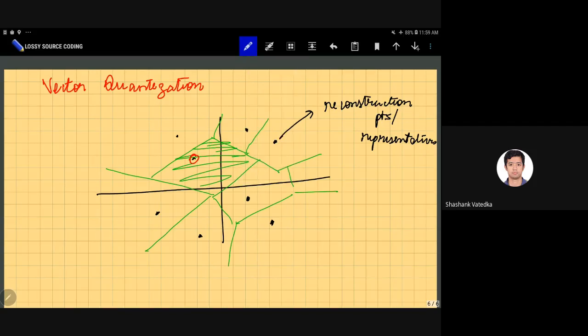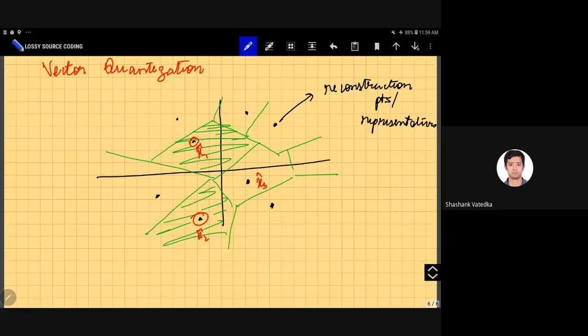If X lies anywhere in this region, then X hat is equal to this particular point. So these are going to be my X1 hat, X2 hat, X3 hat, and so on. Of course, all of this is if X is a real-valued random variable, and typically if you're dealing with mean squared error quantization.